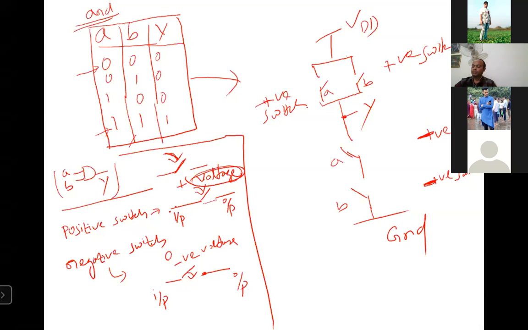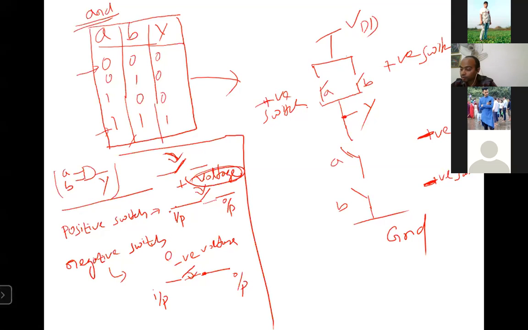In this case, A is given 0 and B is given 0. What will happen? Since it is a negative switch, so this will be connected or no?